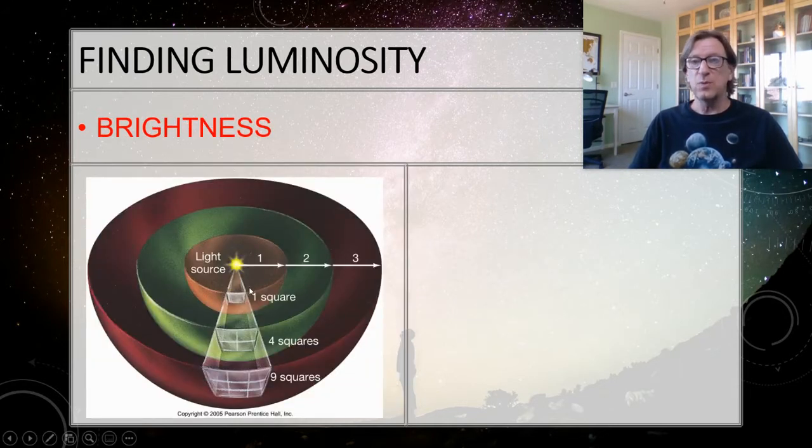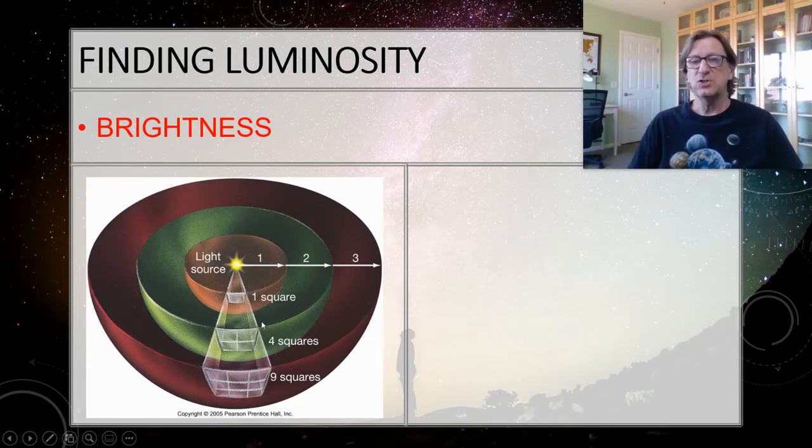There's no way I can measure it directly without actually traveling to the star, which right now we can't do. But take a look at the brightness here. If this is our star, when I'm 1 unit away, let's call this 1 AU, 1 astronomical unit, the distance from the Earth to the sun, all of that energy may be concentrated on one square right here.